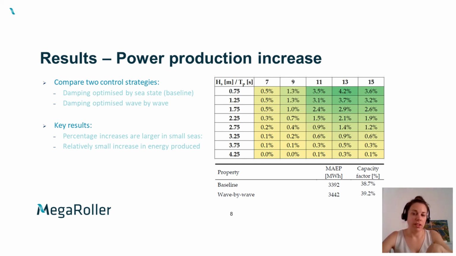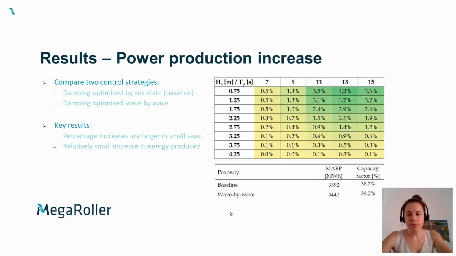That could be investigated in subsequent studies, looking at other types of devices. We could also look at more complex control strategies, for example, introducing additional terms in the control, looking at adjustable stiffness.